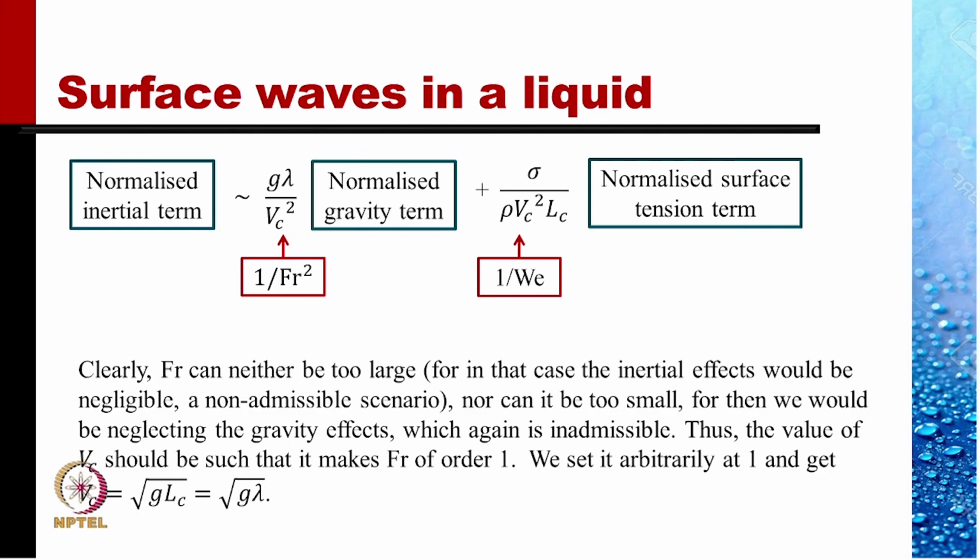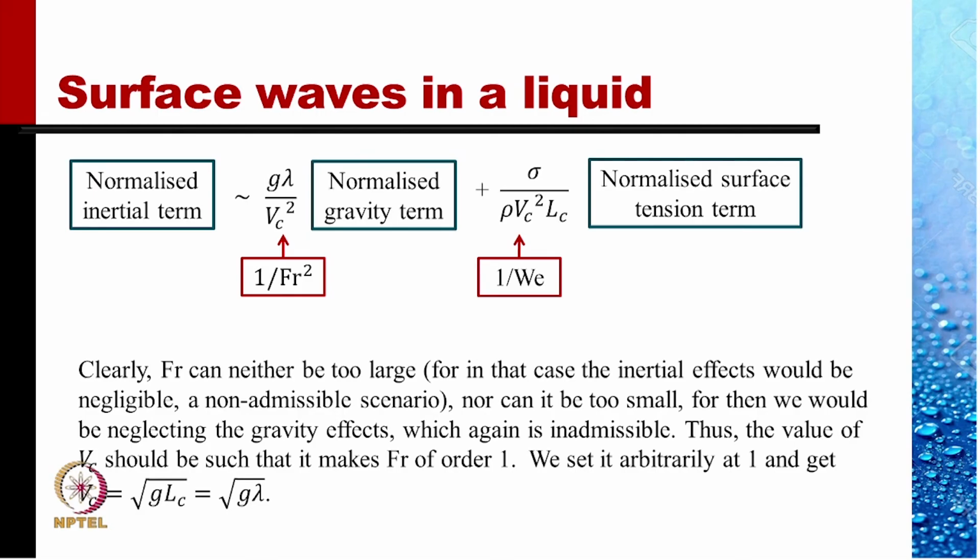Since Vc is yet unknown, we assert that the value of Vc should be such that it makes the Froude number of order 1. We set it arbitrarily equal to 1 and get Vc as under root g Lc, and since Lc has been taken as lambda, the characteristic velocity is under root g lambda.